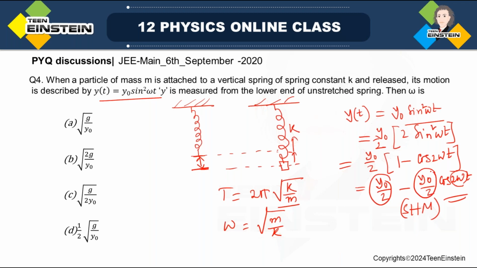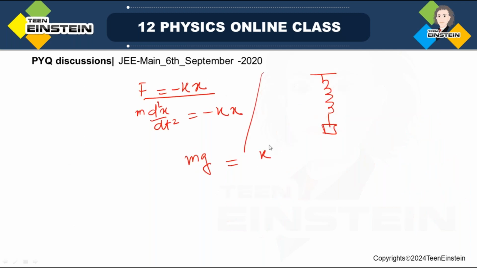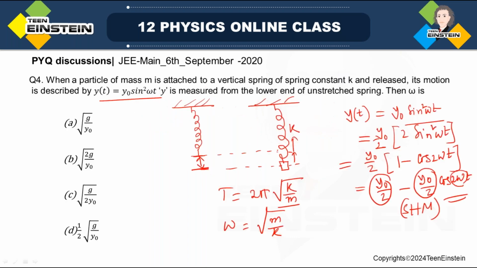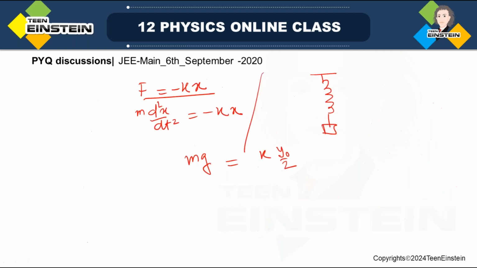This much maximum amplitude it can displace. So I can just write that ky is y0 by 2. The question was, y is measured from the lower end of the unstretched spring, then what is omega? So I have to find out omega.